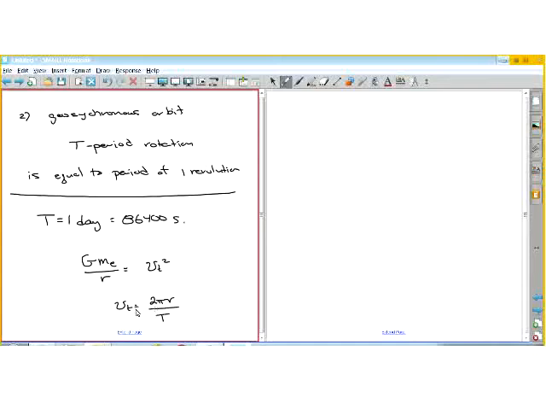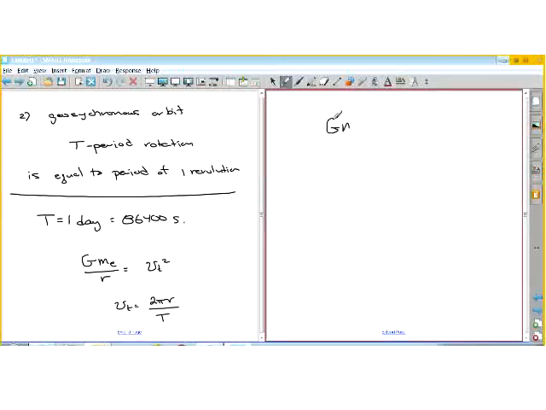Okay, so for a geosynchronous orbit, I can plug that in there, and you'll have G times the mass of the Earth divided by the radius is equal to 2 pi r divided by the period, whole thing squared. And now, if I've given you the mass of the Earth, which I would give you if I had a problem, because I have to give you the mass of the thing that it's rotating around.